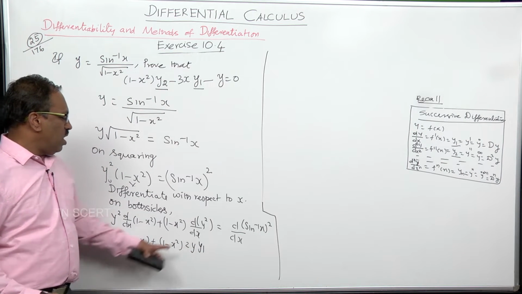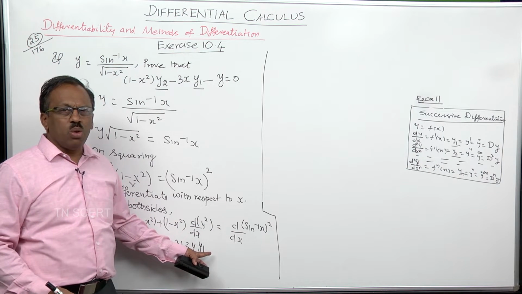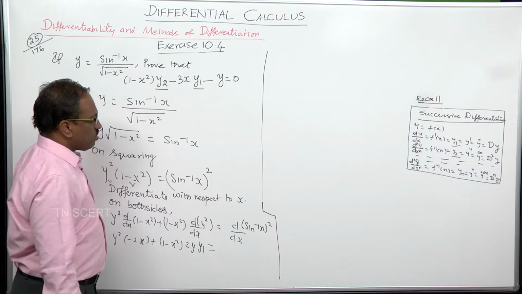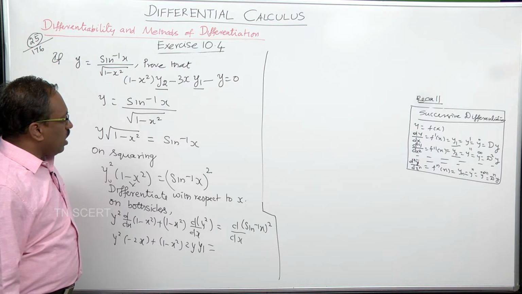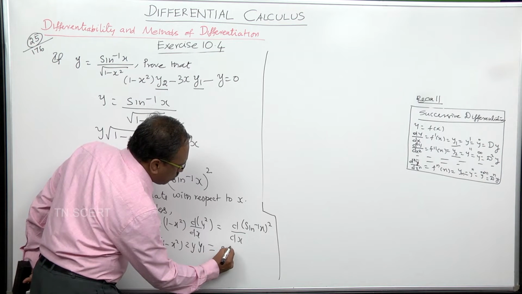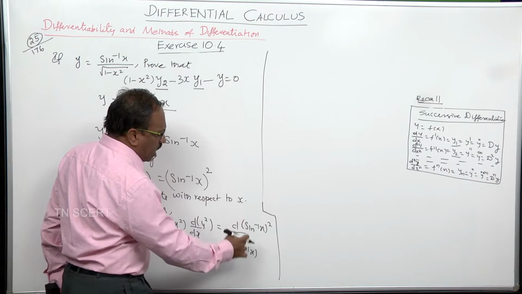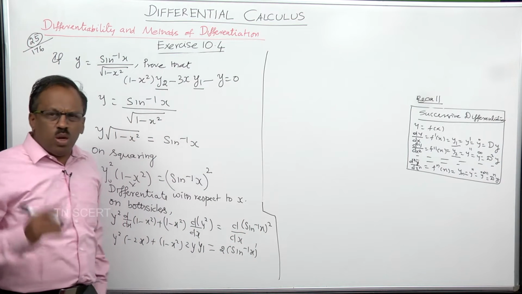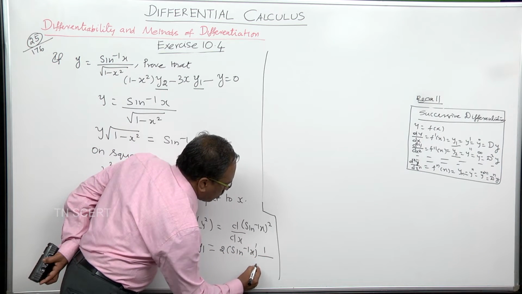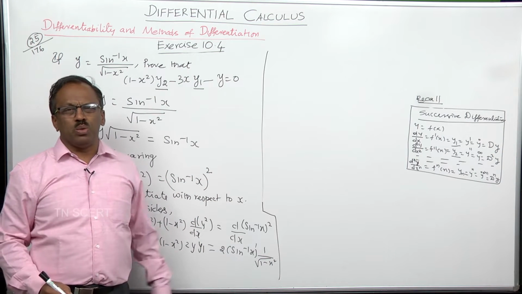Remember that n x power n minus 1, then once again y differentiation is y1. Here sin inverse x, the differentiation is 2 into sin inverse x, that is n x power n minus 1, then once again the sin inverse x becomes, that is function of functions, 1 minus x square. Remember that. Like this we can do.